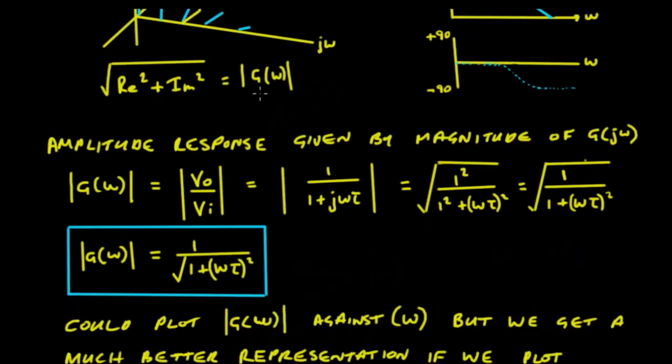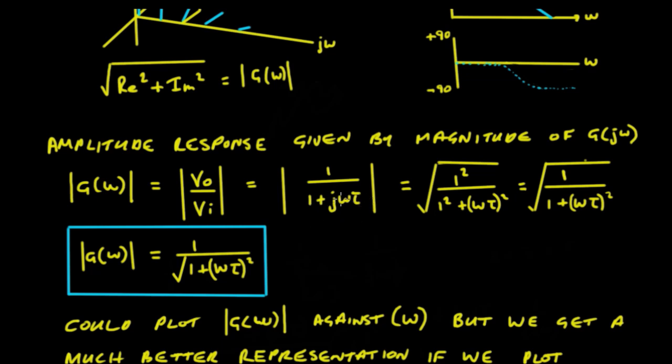So if we want to find the actual amplitude response given by a particular transfer function G of j omega, then in this instance the magnitude of G of omega is the magnitude of V out upon V in, which is the magnitude of our transfer function, which is 1 upon 1 plus j omega RC.